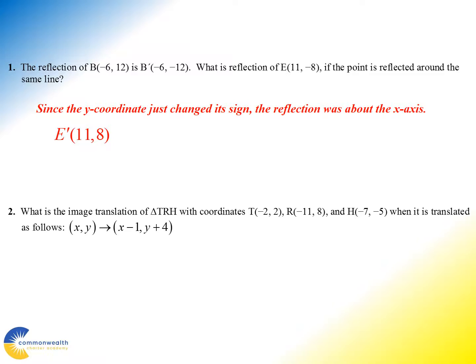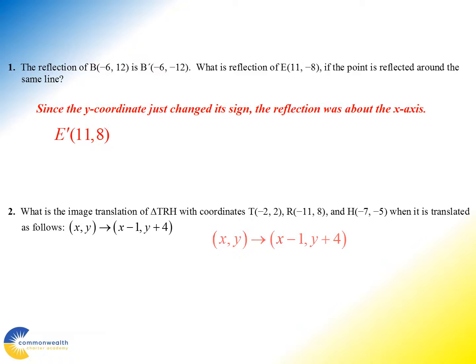As far as translations go, you're given these 3 points on a triangle, T, R, and H, and there's those coordinates. And you have a translation defined as x, y goes to x minus 1, y plus 4, which basically means each x coordinate in these 3 points, and therefore every other point in the triangle too, is going to get subtracted by 1, and every y coordinate is going to be added by 4.